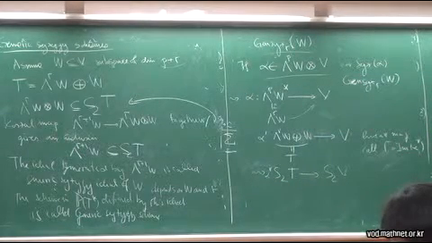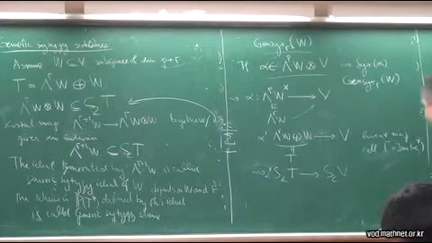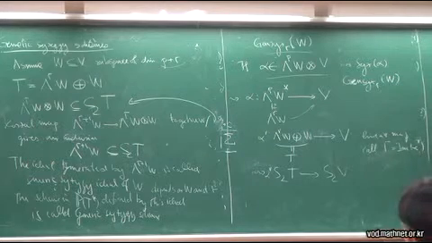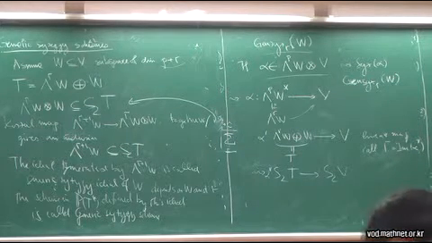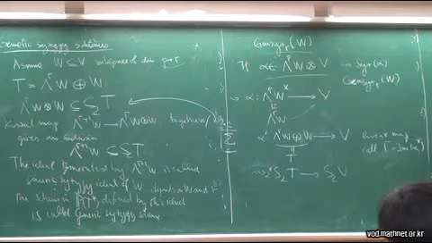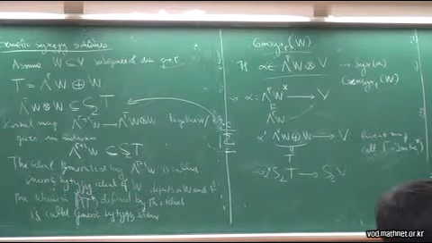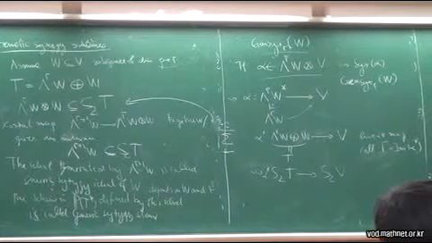And then we have a commutative diagram, which is the following, and this explains the relationship.